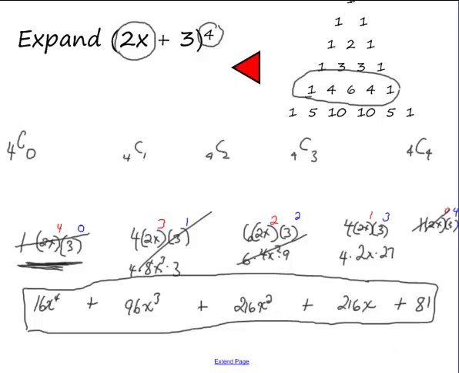We still have our x's going down, 4, 3, 2, 1, none. But since we didn't have a y, we have no patterns with the y's because they got incorporated as numbers. And the 1, 4, 6, 4, 1 doesn't stand out because we had some coefficients that got multiplied into it.